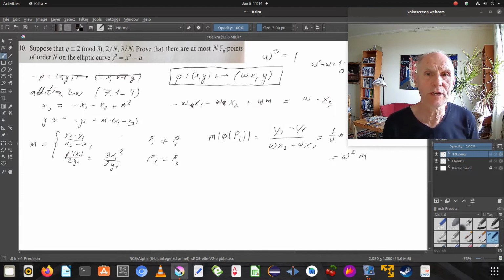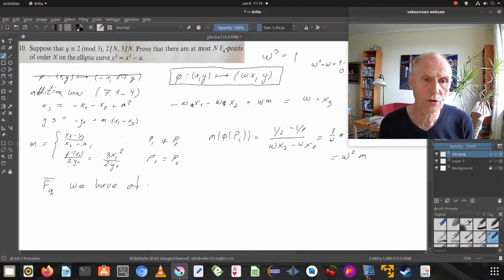And that means in the algebraic closure of F_q, there are at most n squared points of order n.